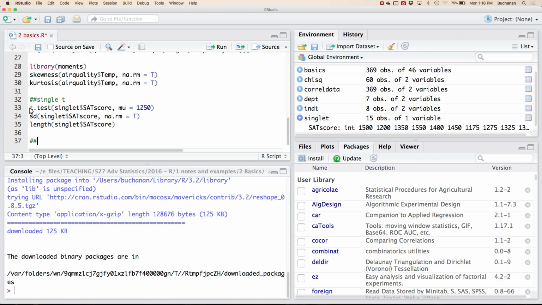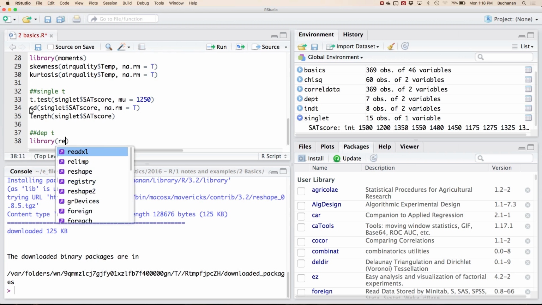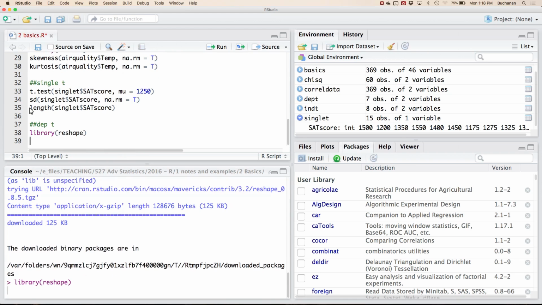Now, be sure you load the reshape library. So do library, reshape. And I wish all reshaping was this easy, because then we wouldn't have to go to the gym. Right. We're going to take the data and we're going to melt it into a skinnier data set.